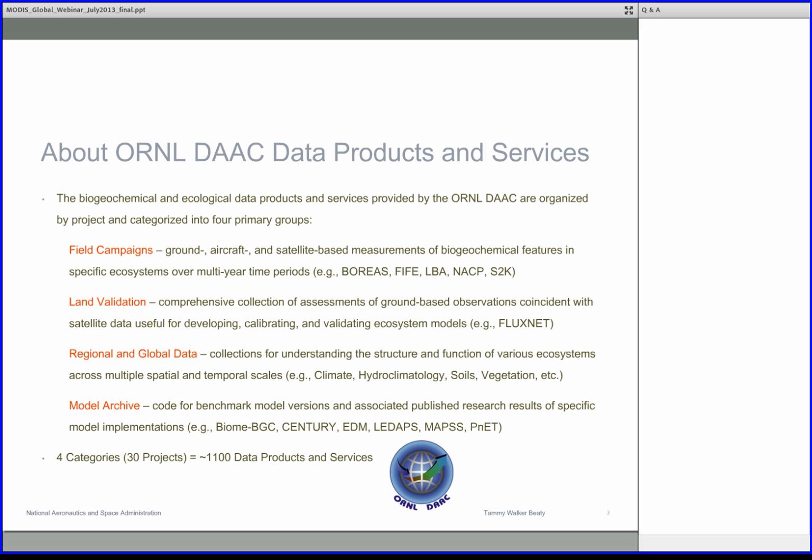And the second tier is associated with published research results from specific model implementations. One example of that would be EDM, Ecosystem Dynamics Models. There's a version for both North America and South America. So in a nutshell, we have 4 categories, about 30 projects, and more than 1,100 data products.